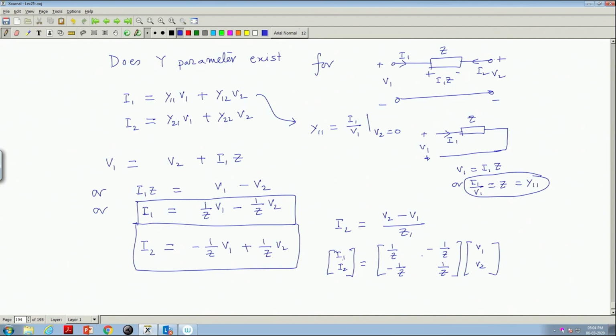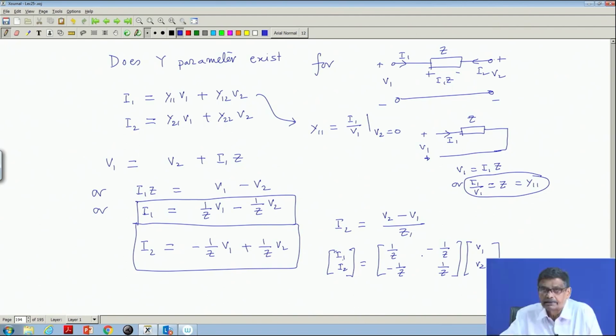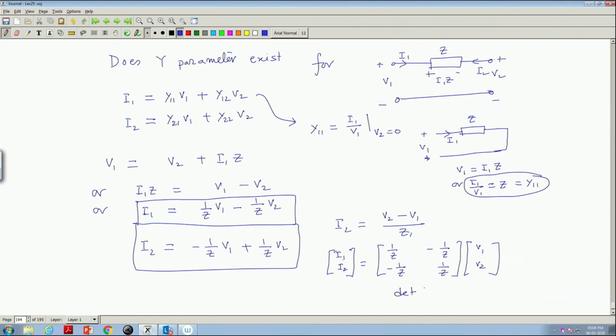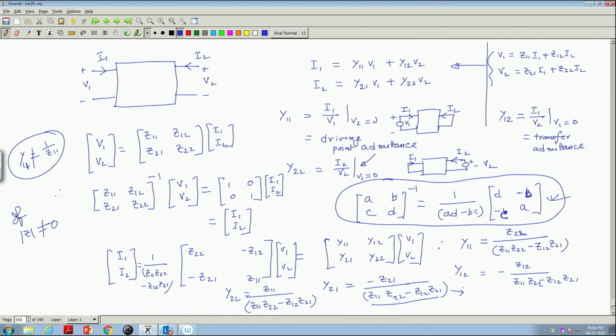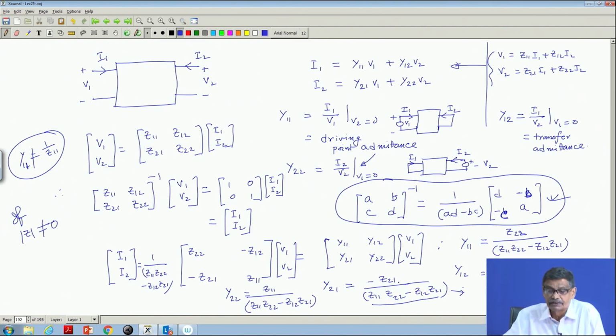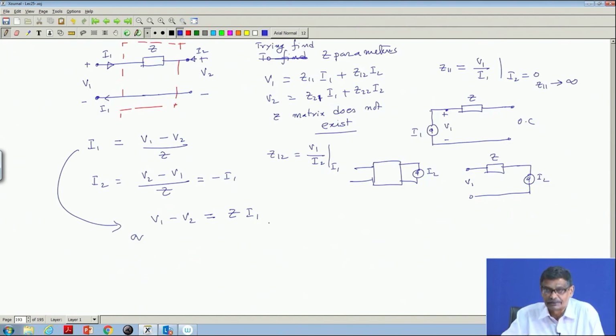From this also we can conclude there cannot be a Z matrix, because the determinant of this matrix is equal to 0, 1 by Z square minus 1 by Z square, and that 0 is to be then divided below. This quantity will become infinite, and that is why the Z parameters do not exist, but Y parameters exist.